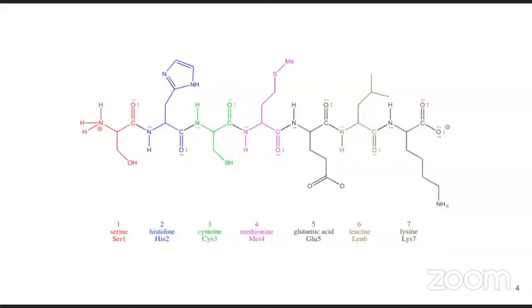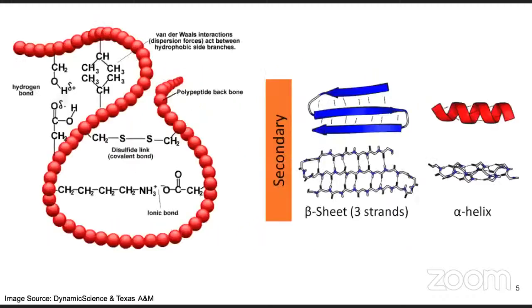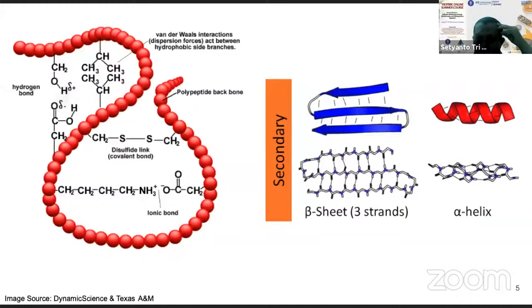This way you grow your amino acid chain. Once the chain has been produced, you will have a linear chain comprising amino acids, and these amino acids have side chains, and those side chains will then start to interact and give rise to more complex three-dimensional structures.